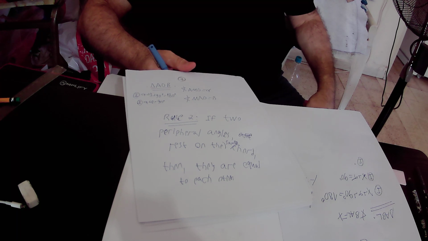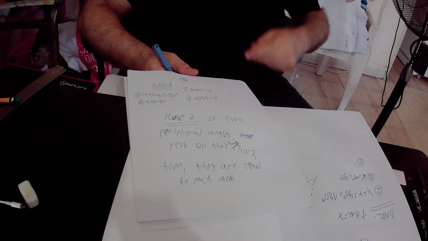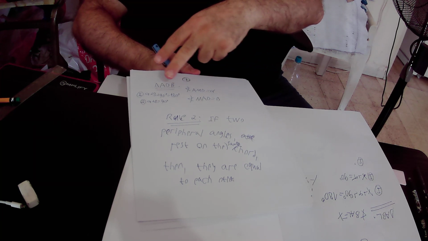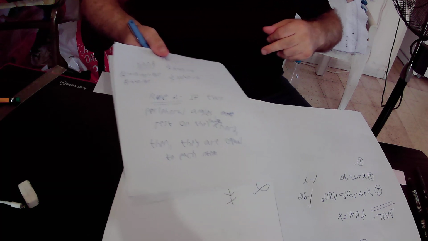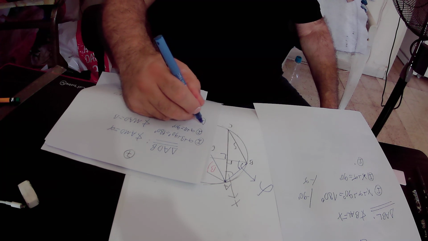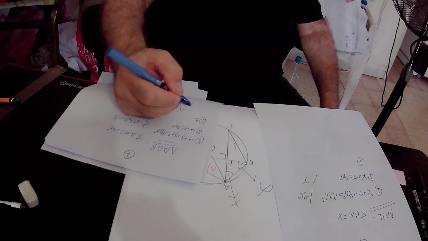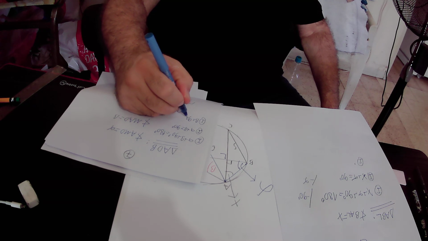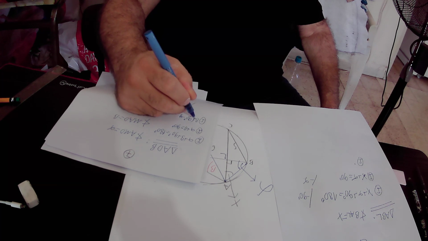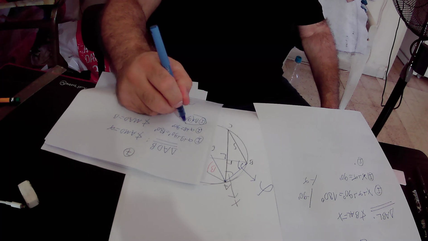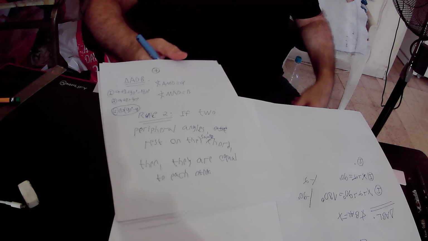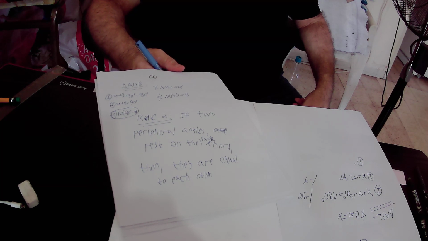We got that alpha plus beta equals 90 degrees. Now we'll subtract alpha from this equation. We will get that angle beta equals 90 degrees minus alpha. Okay, so this is our first equation that states that beta equals 90 degrees minus alpha.